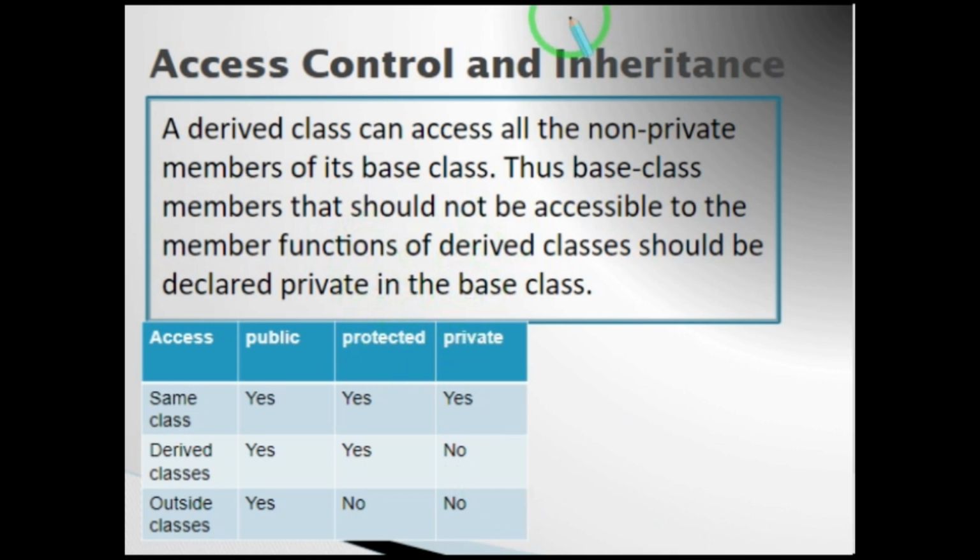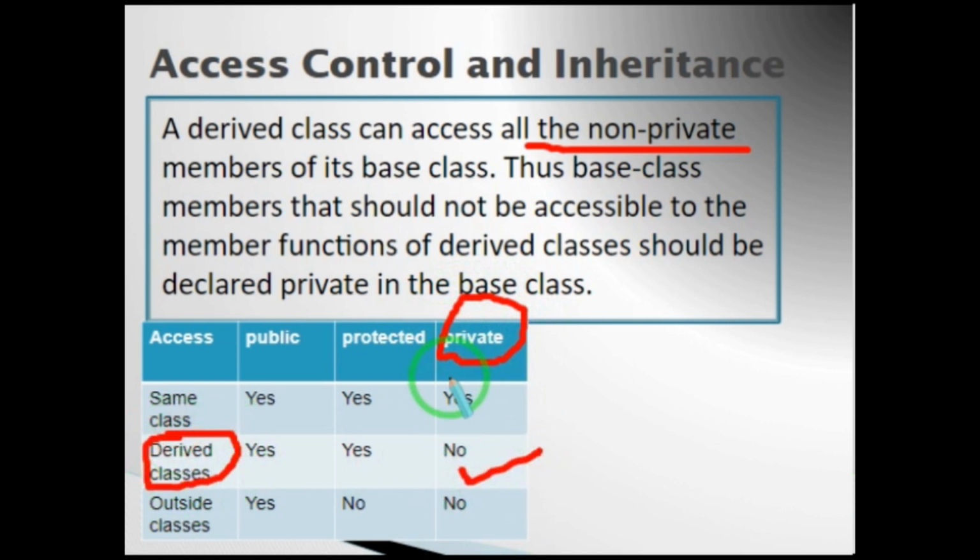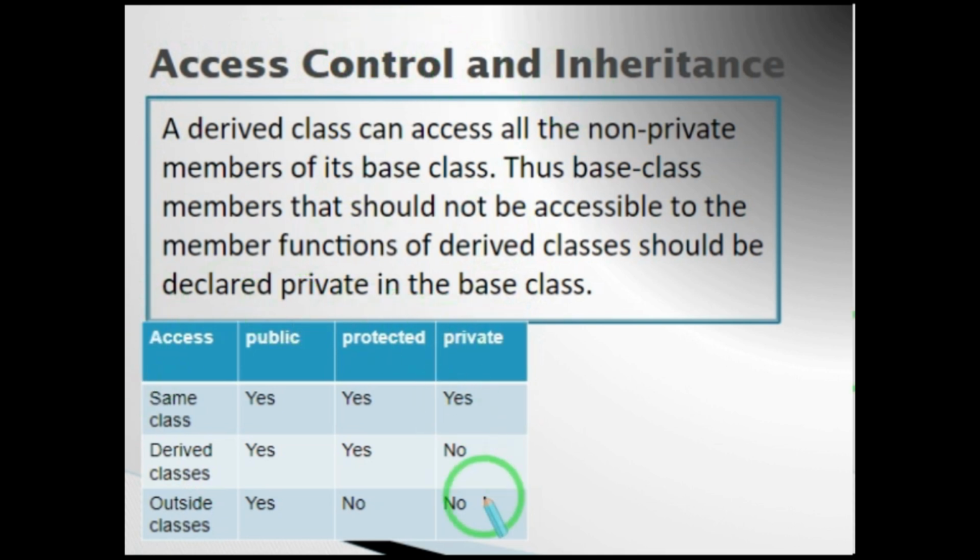This is access control and inheritance. A derived class can access all the non-private members of the base class. It means the private member cannot be accessed in a derived class. See this matrix. Private members cannot be accessed in a derived class. So we can find out the access control and inheritance from this matrix.